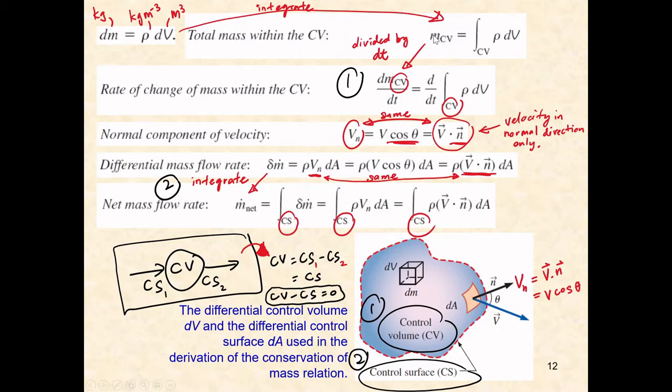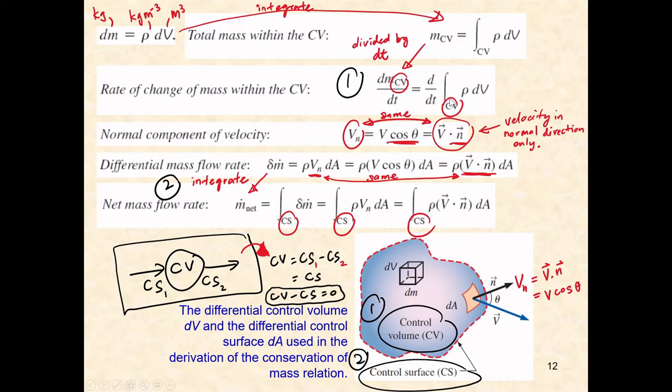Therefore, if you integrate this equation over the control volume, you get the mass in the control volume. You know how much mass is in the control volume, by integrating the density multiplied by the change of volume, dV. If you further divide it by time, you get the rate of change of mass within the control volume: dm_cv/dt equals d/dt of the integral over the control volume of rho dV.